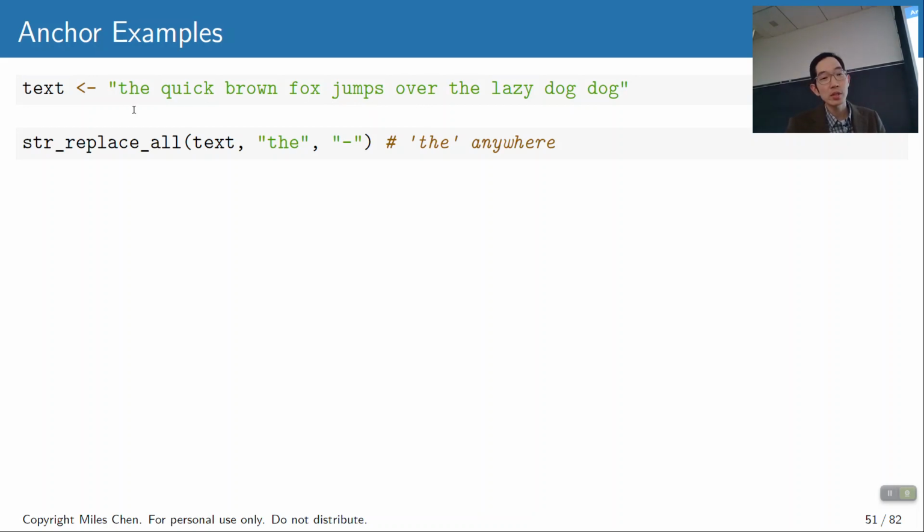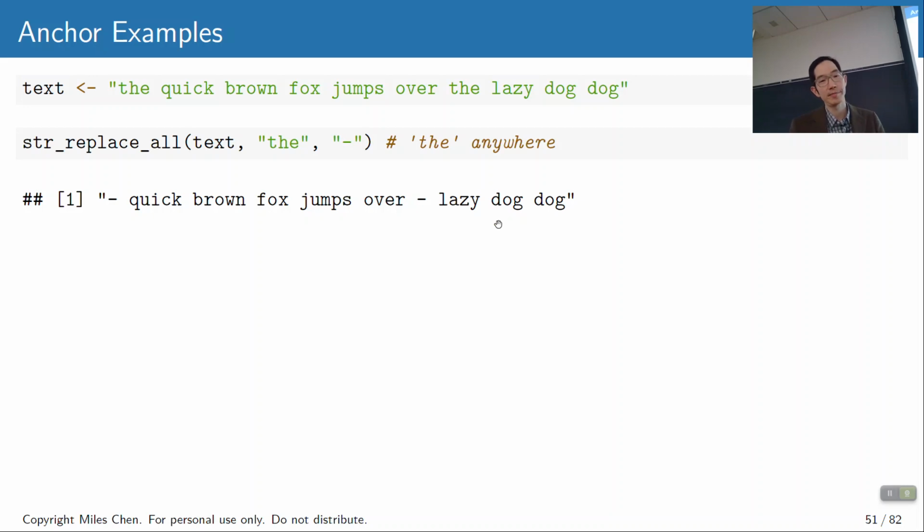And I wrote, the quick brown fox jumps over the lazy dog, and that is all lowercase there. Here we're going to search for the pattern THE, and we're going to replace all THEs with a dash. And so what this will do is we will get dash quick brown fox jumps over dash lazy dog.